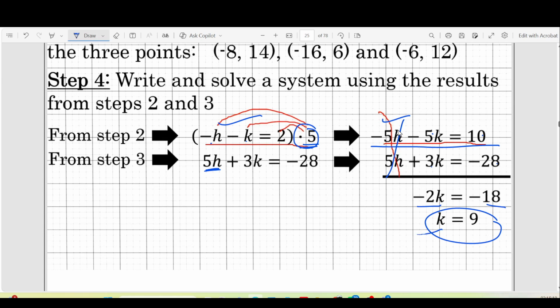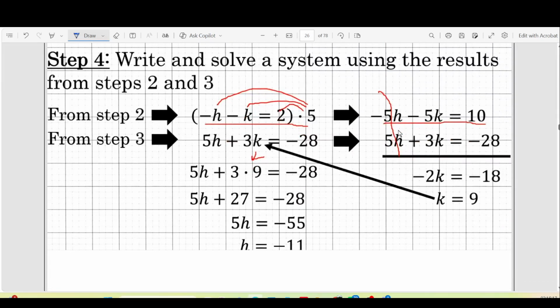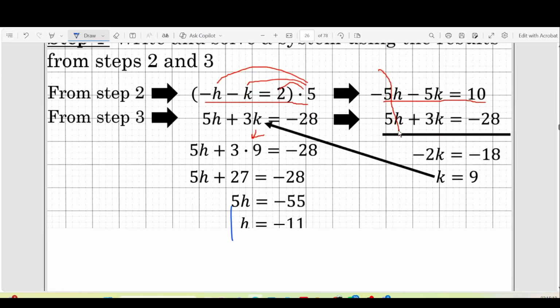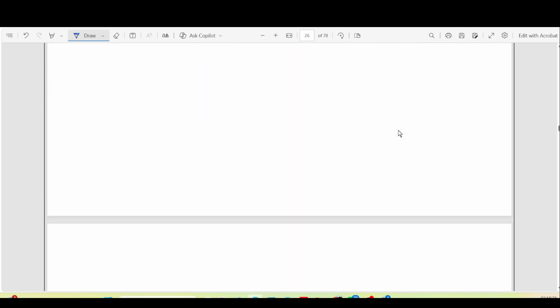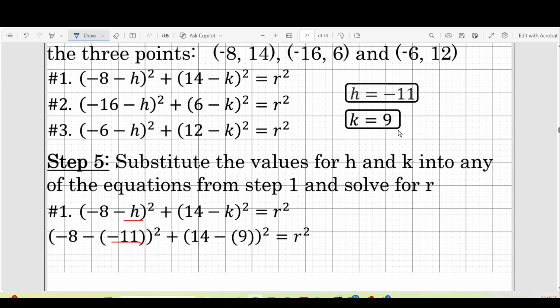If I substitute it in here, I will get h, which is negative 11. So we have h and k. If I substitute these two values in any of the equations, let's say in the first one I substitute in place of h negative 11 and k is 9, this will give me r square, right?